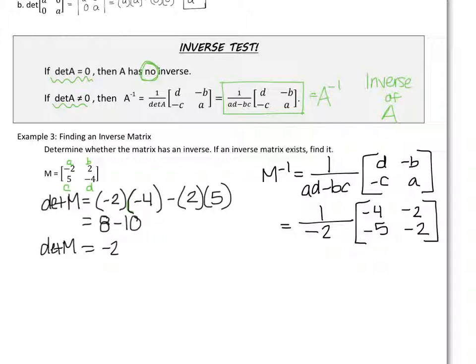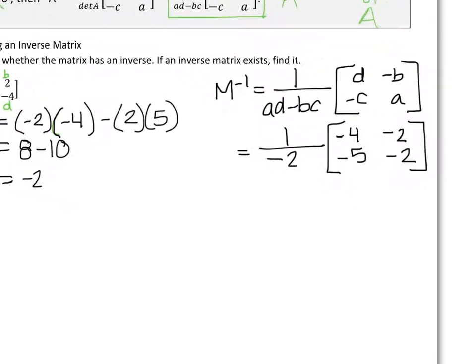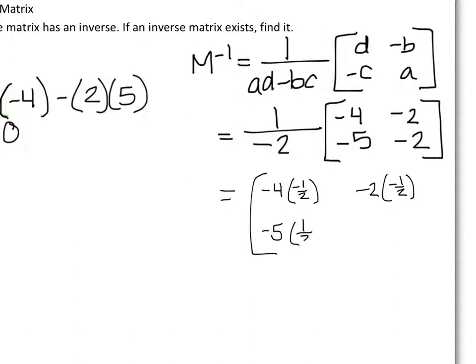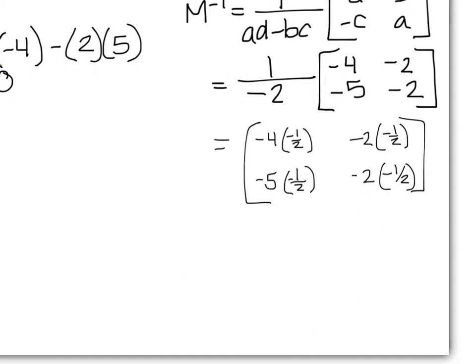All right. Now this is just scalar multiplication. We are going to multiply everything in here by -1/2. So this will equal -4 times -1/2, -2 times -1/2, -5 times -1/2, and -2 again by -1/2. Once we simplify, we have our answer.